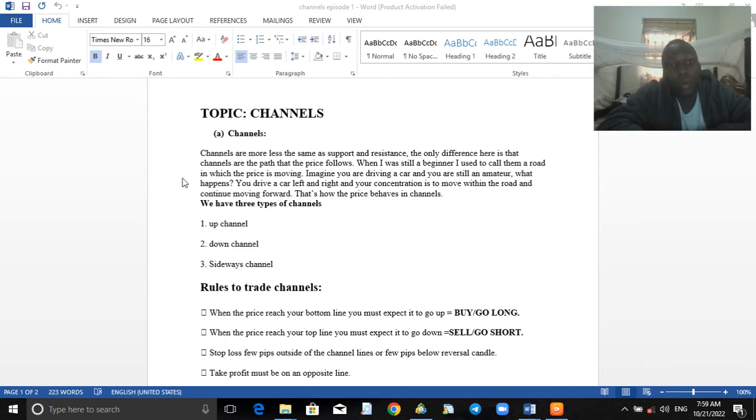Okay, now when you talk about channels in forex, channels are more or less the same as support and resistance. The only difference here is that channels are the path that the price follows. When I was still a beginner, I used to call them a road in which the price is moving.